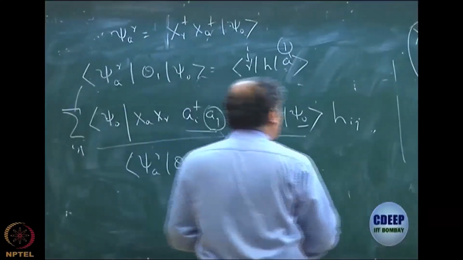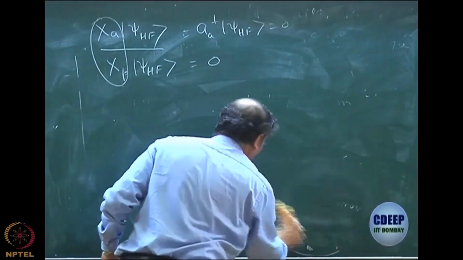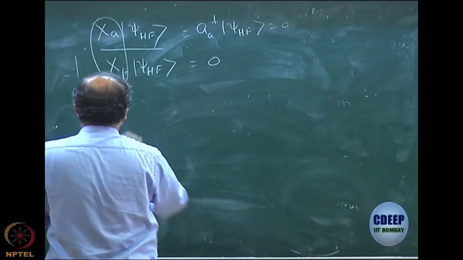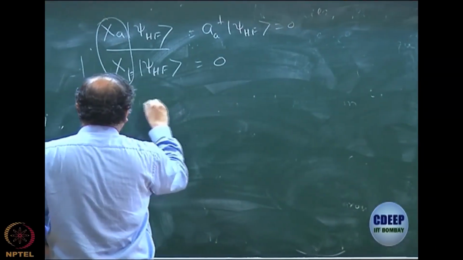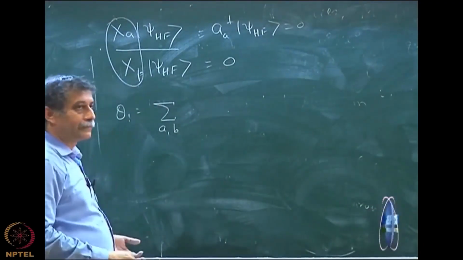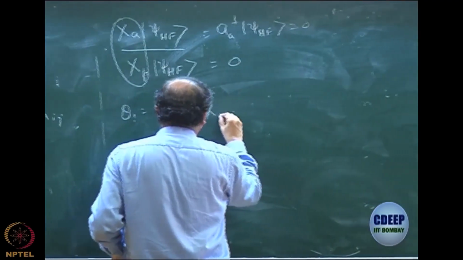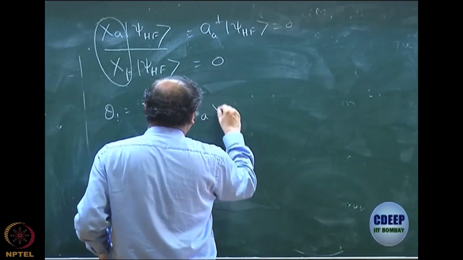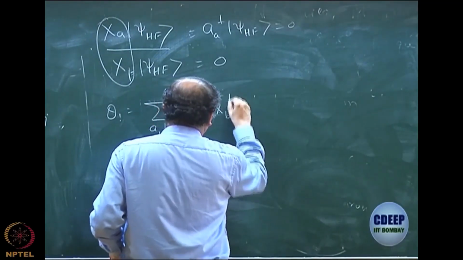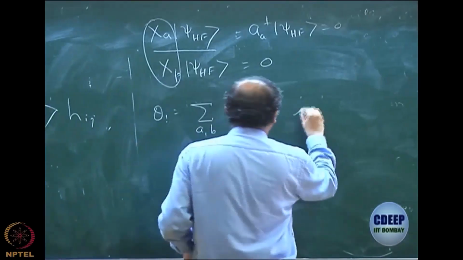So let's say I write theta 1. Note that I have AI dagger AJ. So I should write this in the following manner: theta 1 as both hole, sum over AB, so then this will become XA dagger, XA XB dagger, into HAB.